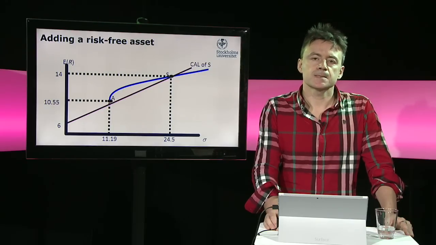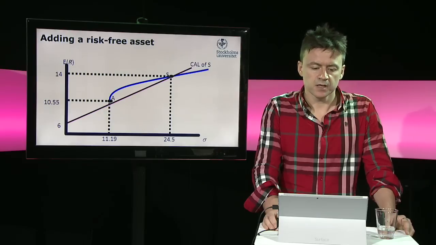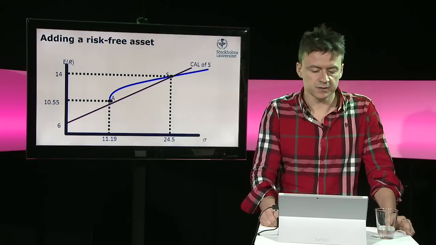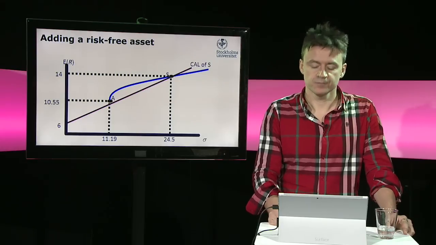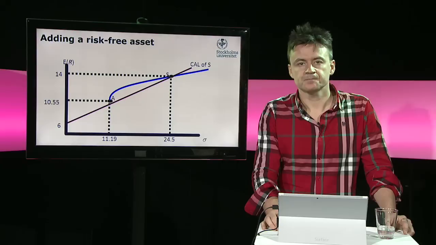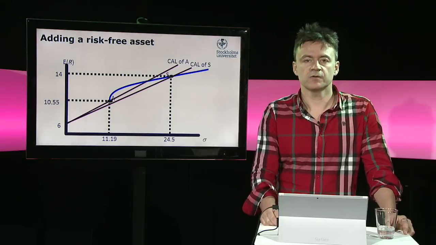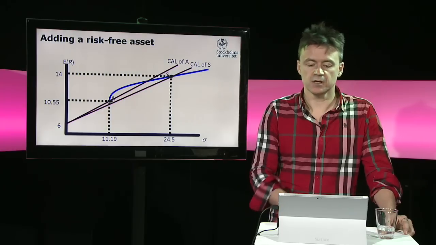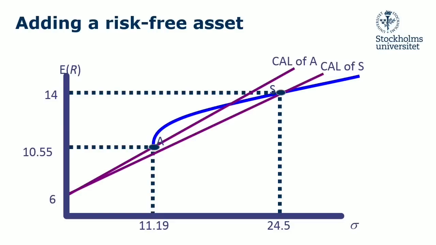But we could also consider a portfolio of the risk-free asset and, for example, portfolio A, the portfolio with the lowest variance of all. Any portfolio like this will have to sit on the capital allocation line of A. But now let's make an important point here.